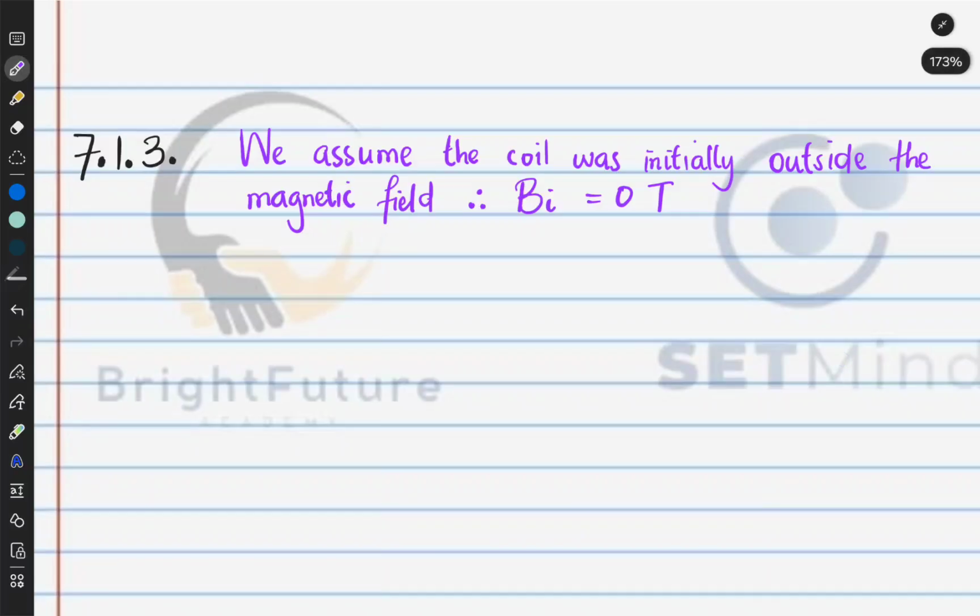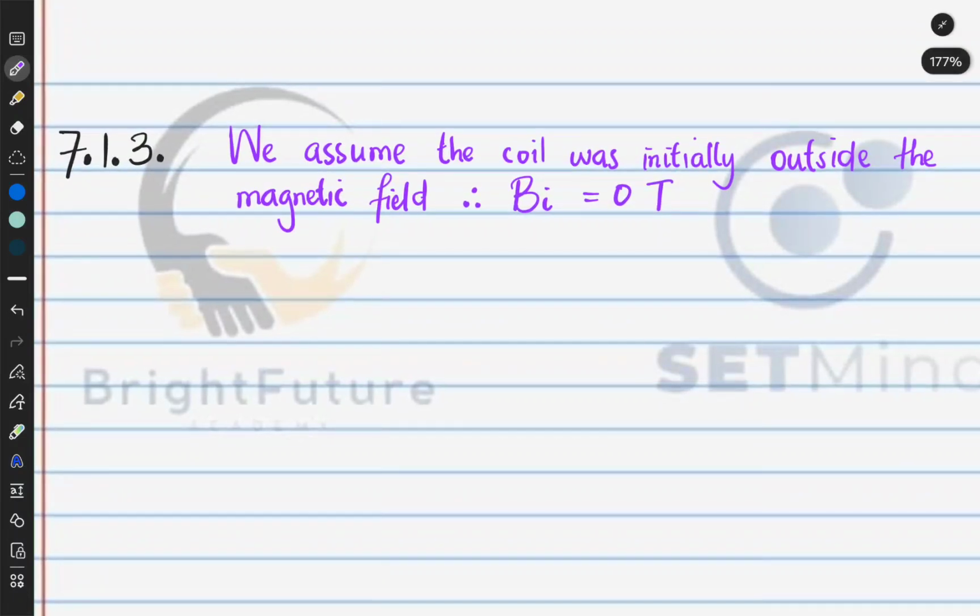If we assume that it was initially outside the magnetic field, we'll just say the initial strength of the magnetic field is 0 Tesla. Now it means the question is asking for the final one, when it was being moved inside the magnetic field. So that's one way to look at it.